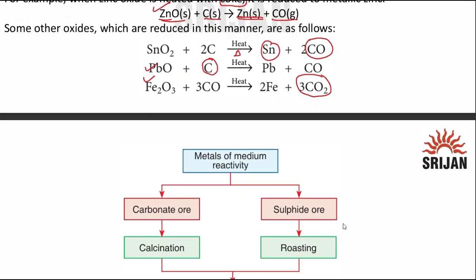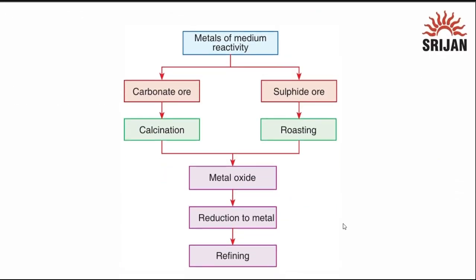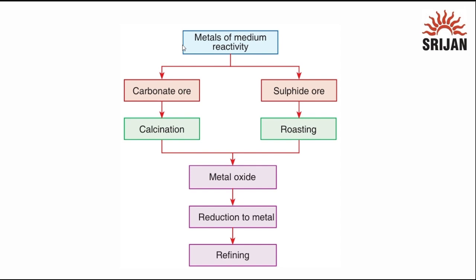Now, moving ahead, this is the flowchart representation of how the medium reactivity metals are reduced. First, their carbonate or sulfide ores are converted into metal oxide by calcination and roasting. After that, these metal oxides undergo reduction in the presence of carbon, by which we get the extracted metal.